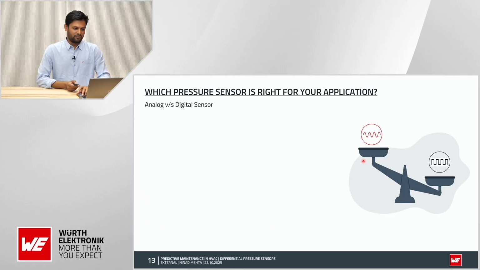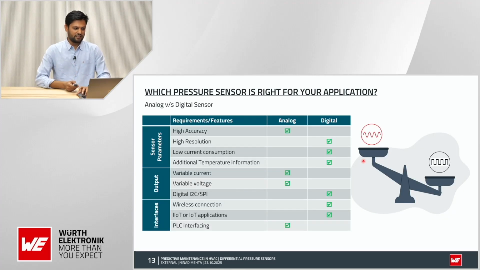A very good example is analog versus digital sensors. Analog sensors have a very high accuracy because you have a direct change in millivolt output, but it also depends on how good your resolution is. Analog sensors usually also have higher current consumption, and in your end system you require more components on your PCB, so it increases your bill of materials as well.